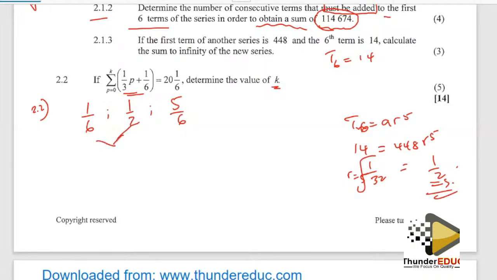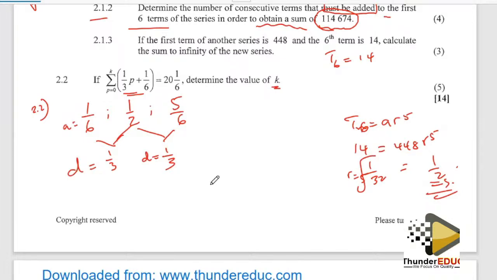I have 1 over 2 minus 1 over 6, and I'm getting 1 over 3 as my difference. If I try 5 over 6 minus a half, I'm also getting 1 over 3. Which means my common difference is 1 over 3. My first term is 1 over 6.